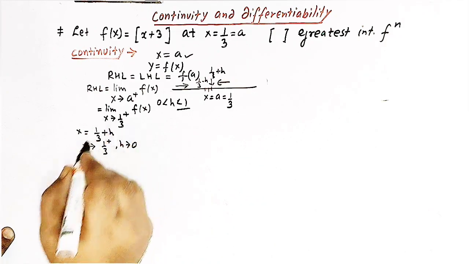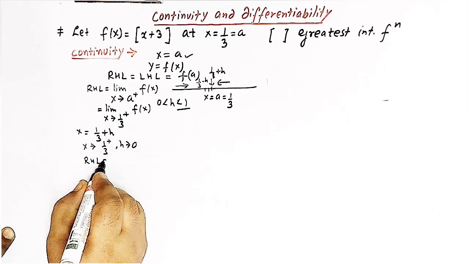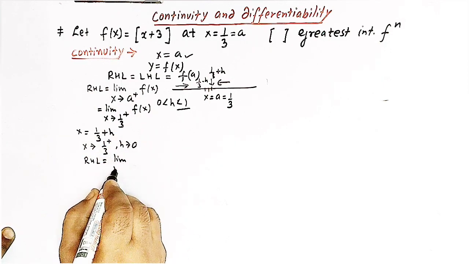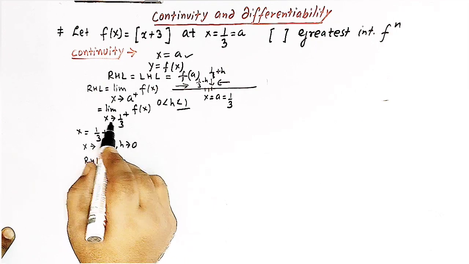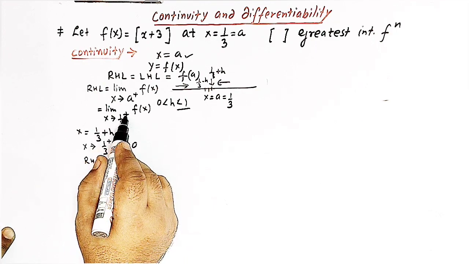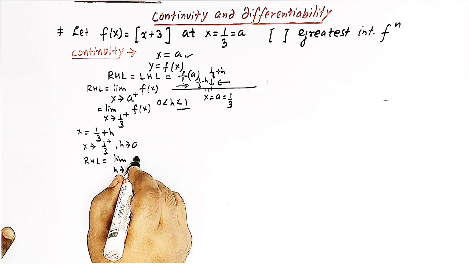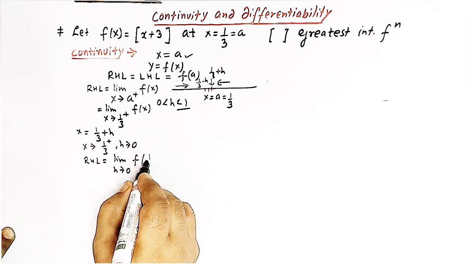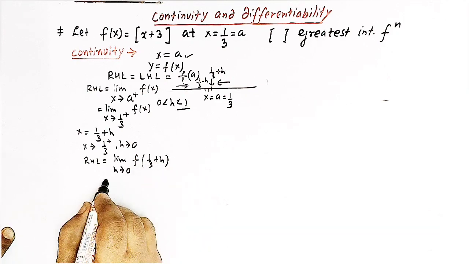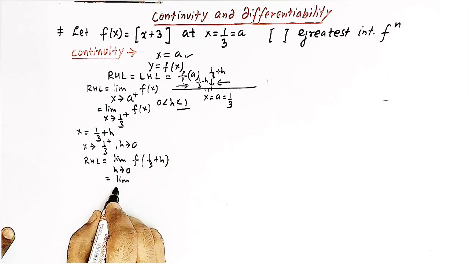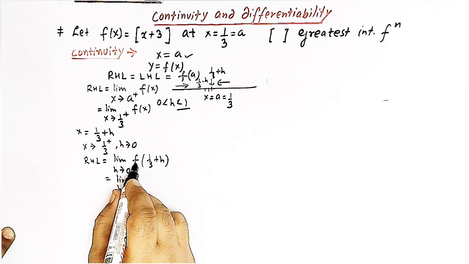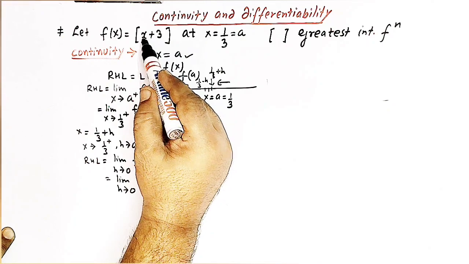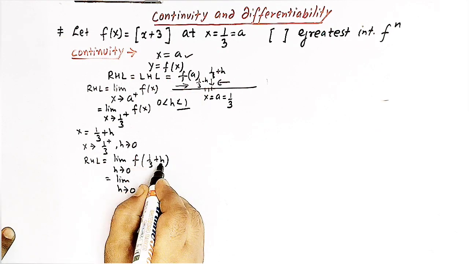Now the right hand limit can be written in terms of h. For x tends to 1 over 3 positive, we have h tends to 0, and f of x, where x can be replaced by 1 over 3 plus h. So we have limit h tends to 0 of f of 1 over 3 plus h, obtained by replacing x by 1 over 3 plus h.